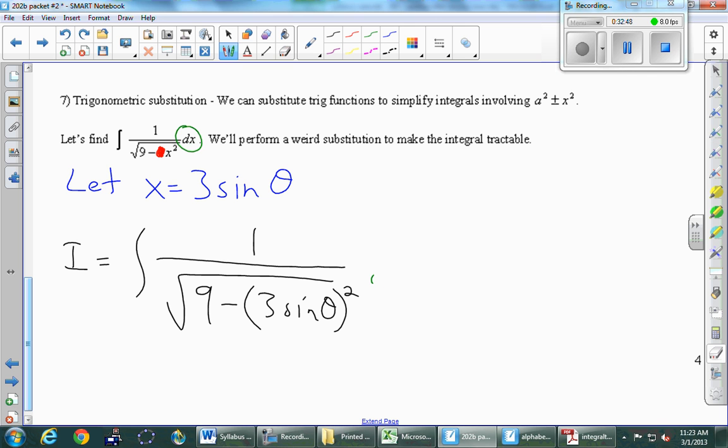So we actually need to find dx, take a derivative of this thing. It's just what you do for u substitutions. Let u equal blah, and then right away, du equals, and you take a derivative. So what's the derivative of 3 sine theta? 3 cosine theta, d theta. That's the variable.